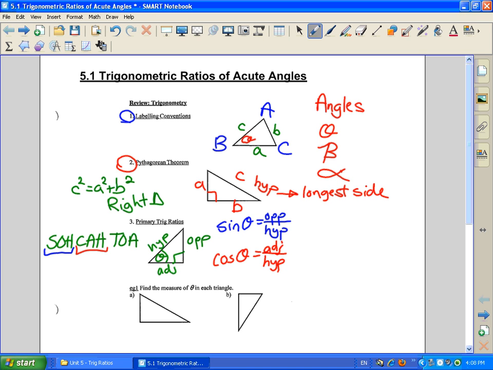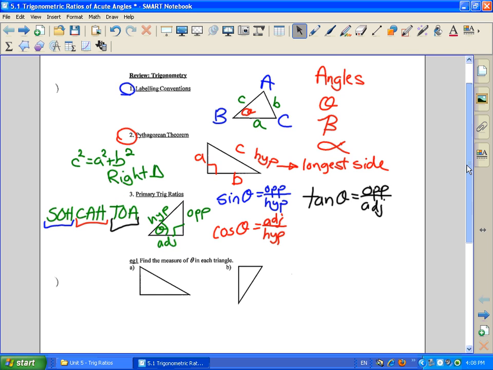And the last one is the TOA, the tangent of any angle, which compares the opposite side to its adjacent side. All right? Good. So those are your three primary trig ratios. We're going to add three more to it on the second page.